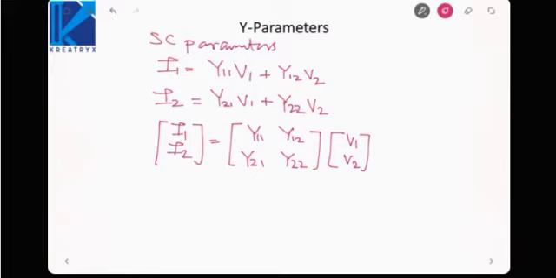Now to determine these parameters, Y11 can be written as I1 by V1 when V2 equal to 0. If you are equating any voltage to 0, that means you are short circuiting that port. So it will be known as short circuit input admittance.